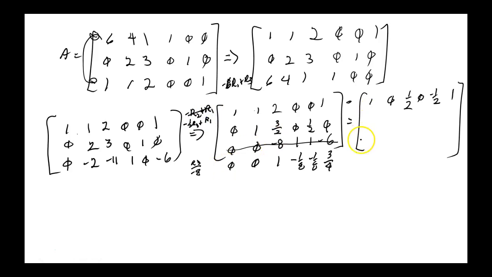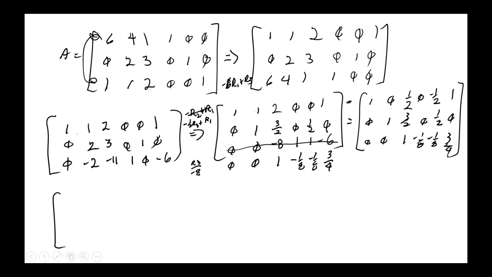So that becomes, I need a new bracket down here, okay? I should have just filled in this. Let me just do that. 0, 1, 3/2, 0, 1/2, 0. And this will be 0, 0, 1, minus 1/8, minus 1/8, 3/4.